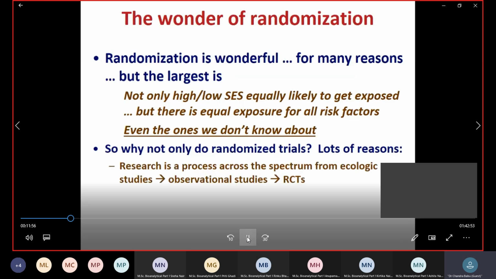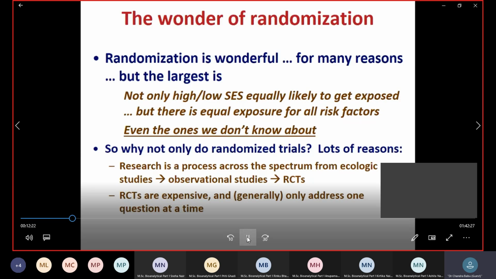So why not do all randomized trials? The reason is research is a process. You start out with ecologic studies, you move through observational studies, and then finally at the end of the day, when it's really well understood, you do the trial to put nails in the coffin. You don't start by doing the randomized clinical trial. They're really expensive.